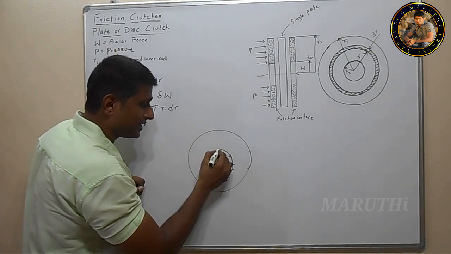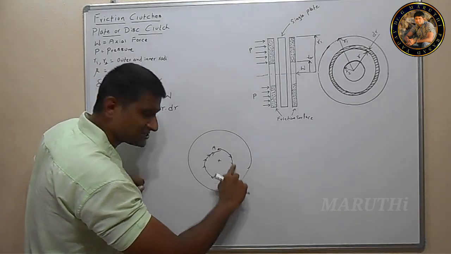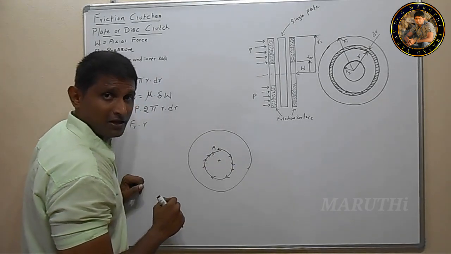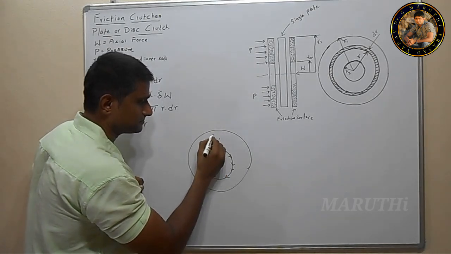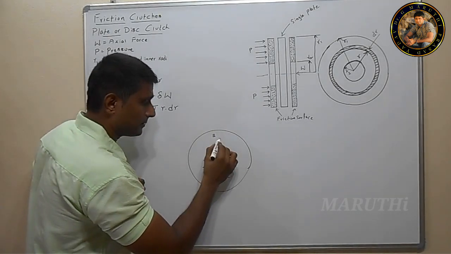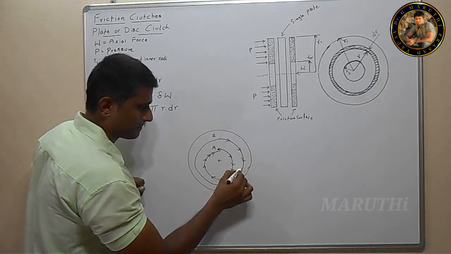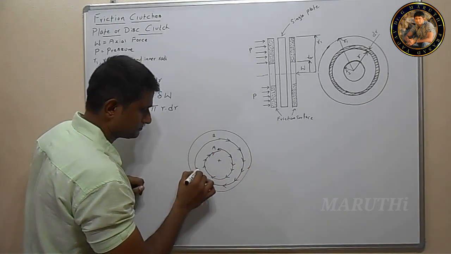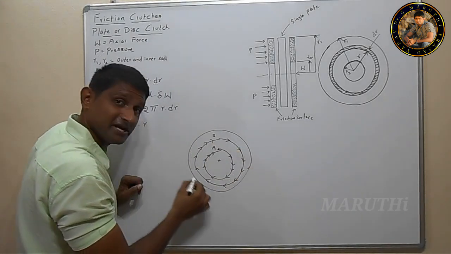Means this reference point, point A, has to travel this distance in 1 second. If we take another point which is farther from the center, somewhere here, this point B has to travel this much distance in the same 1 second.